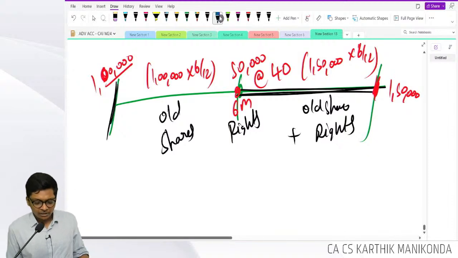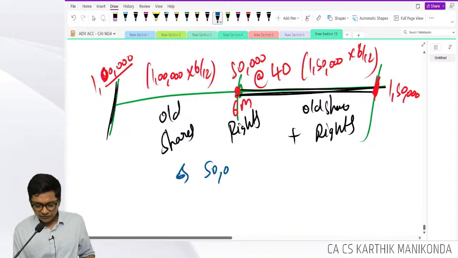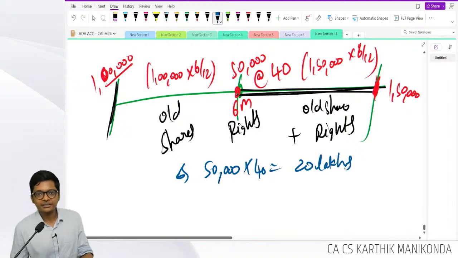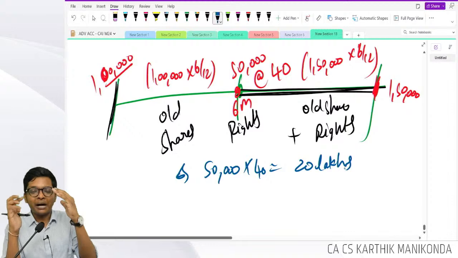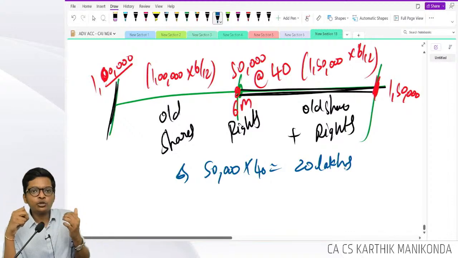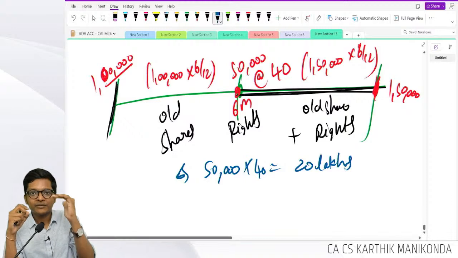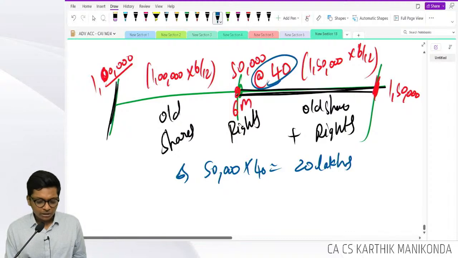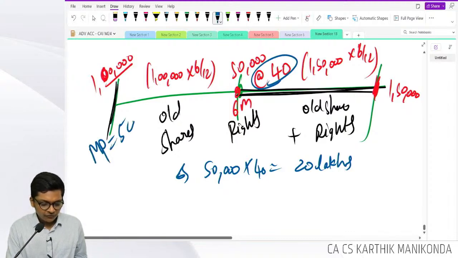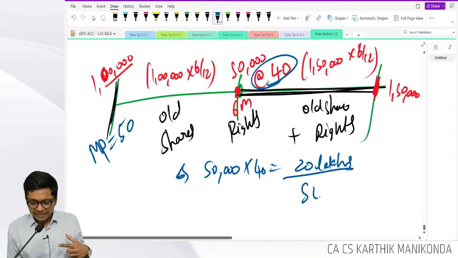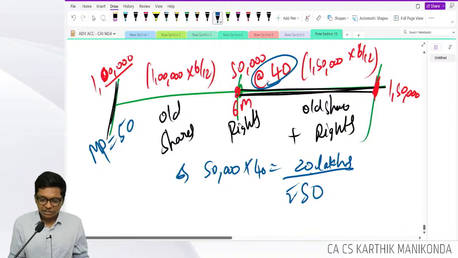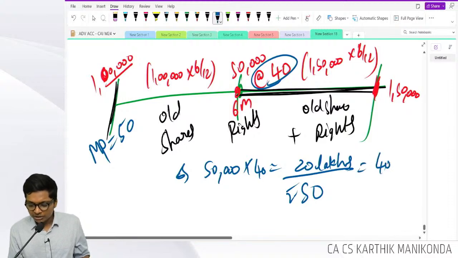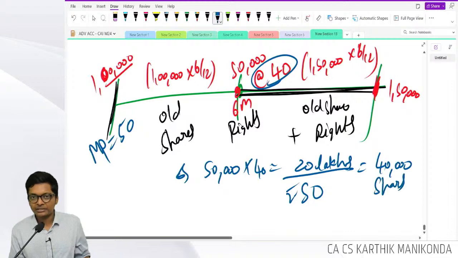But look at the problem here. The amount we raise, 50,000 into 40, is 20 lakhs. Rights issue generally, will it happen at market price or less than market price? It usually happens only at less than market price, at a discount for shareholders. Because I gave a discount, assume the market price here is 50 rupees. So if the same 20 lakhs was raised from the public at 50 rupees per share, all I had to issue was 40,000 shares.